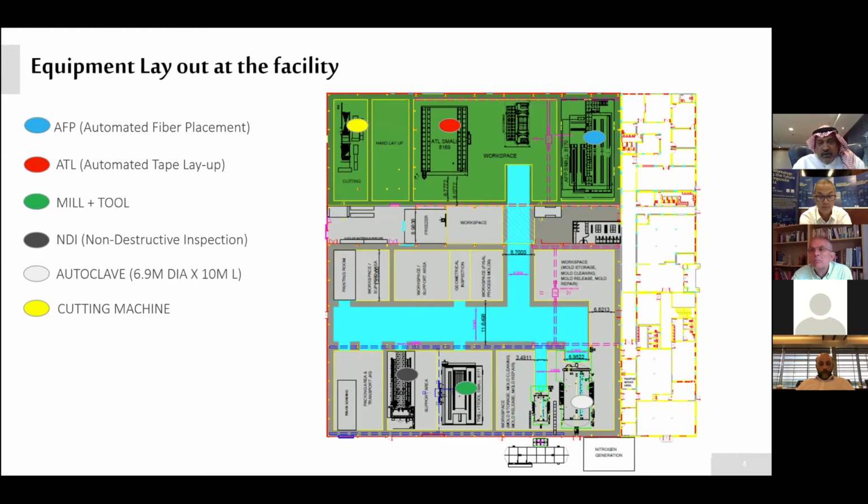As you go down the factory, by the way, the light blue area is the workflow. As the part comes from the freezer, you see the middle gray area. There's a freezer. You take the material to the clean room. The clean room is within the specification of most of the OEMs' ISO standard.